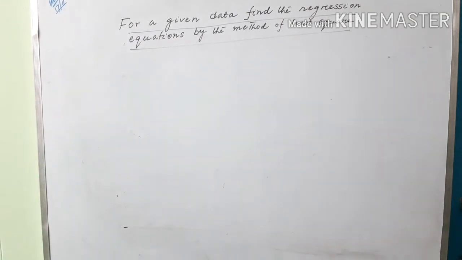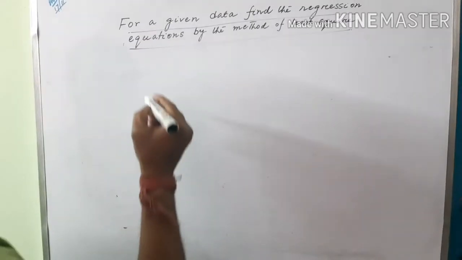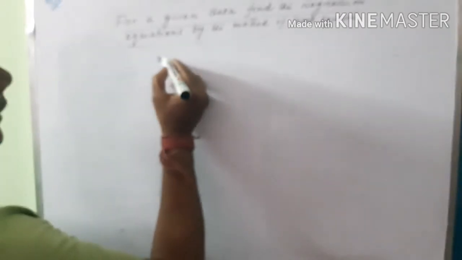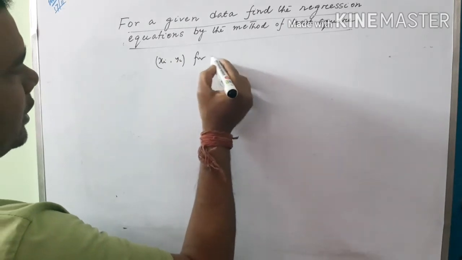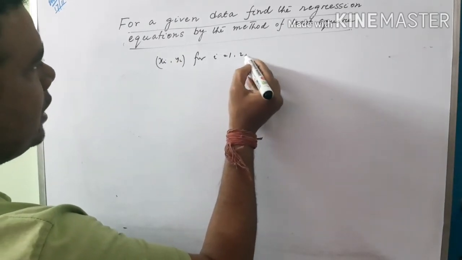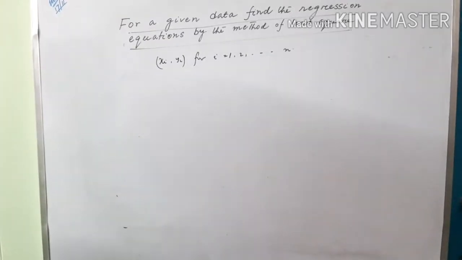Now we shall discuss the process of curve fitting. So we have already seen that xi, yi for i equals 1, 2, dot dot dot n are the n pairs of bivariate observation.